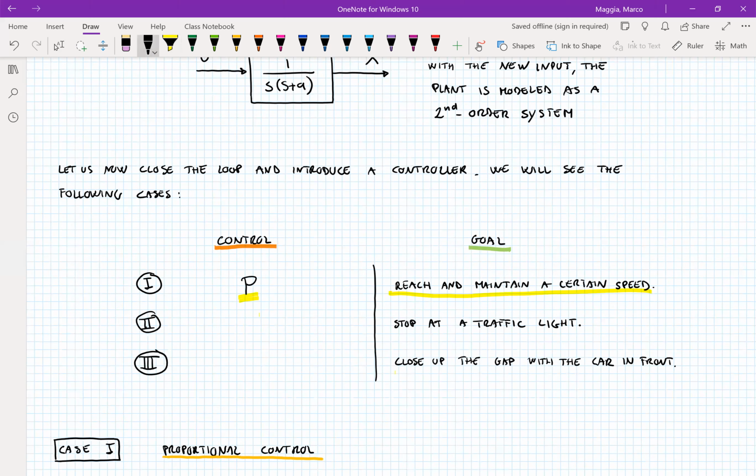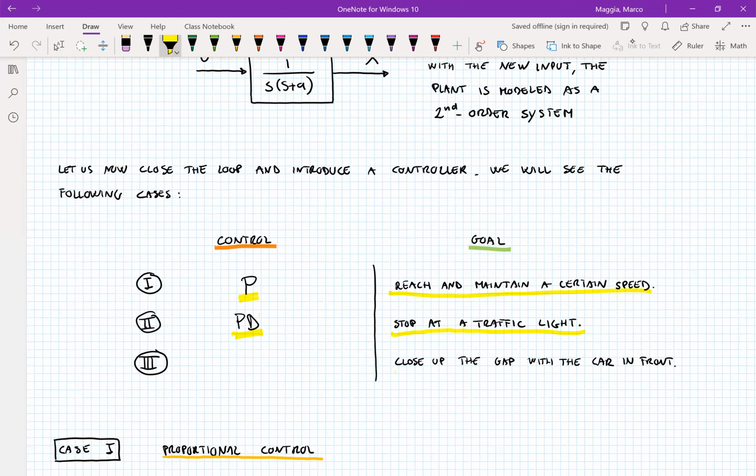Then we're going to take a look at another example. And we want to go from a stoplight to another traffic light and stopping at the second one. And we'll see that we cannot do that by using a simple proportional controller, but we have to implement a proportional derivative controller.